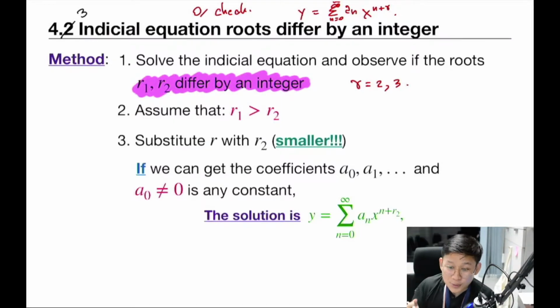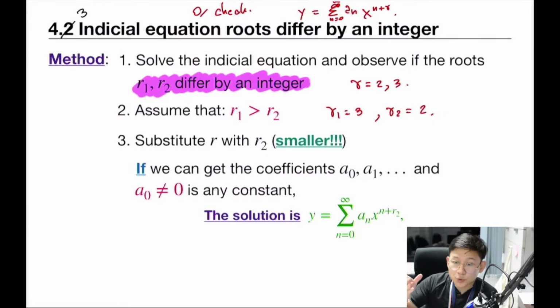It depends on you which one you call r1 or r2. But you need to call the bigger one r1. So r1 would be 3 and r2 would be 2 in this case. So we assume that r1 is bigger than r2, r1 is the bigger one and r2 is the smaller one.